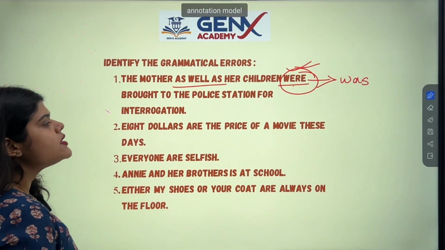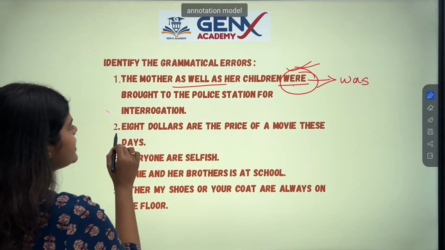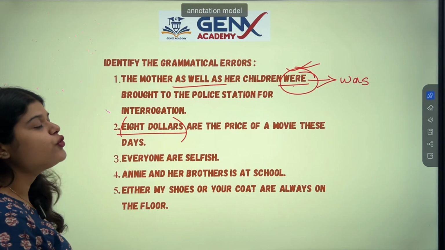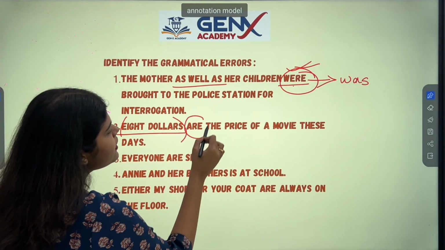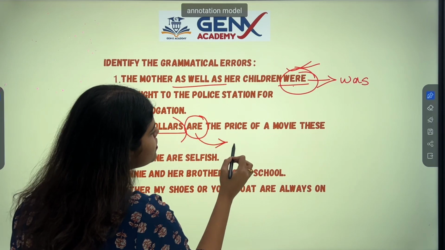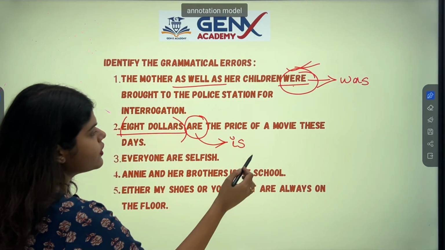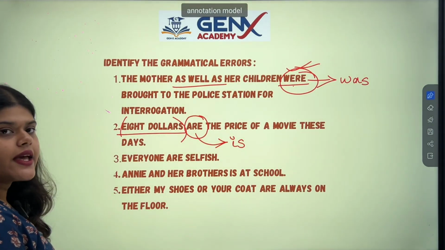Second, $8 are the price of a movie these days. So when we indicate a quantity or amount, the verb will always remain singular. So are is changed to is. $8 is the price of a movie these days.